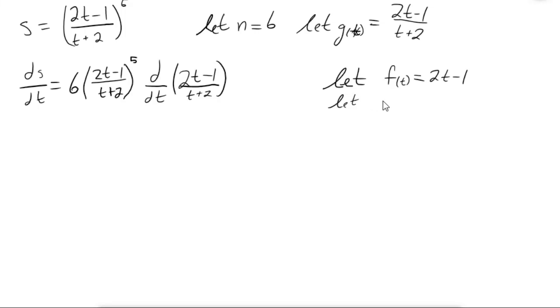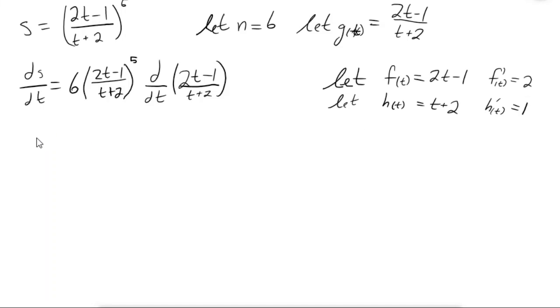Let g of t, no, we've already used g, pardon me. Let h of t equal t plus 2. Then the derivative of f with respect to t is equal to 2, and the derivative of h with respect to t is equal to 1. Okay, now we're ready to do our quotient rule.